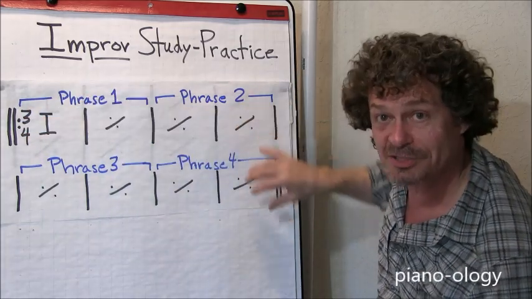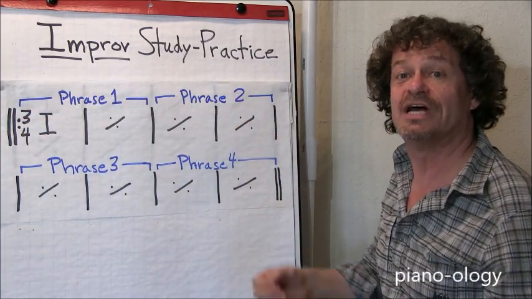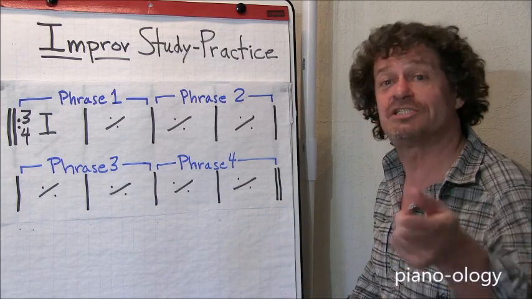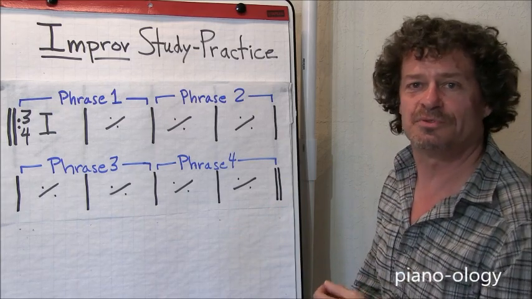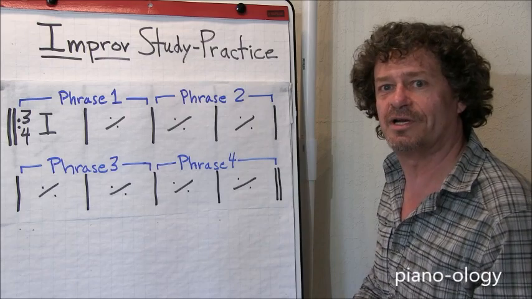So we can do the whole process all over again. So let's sit down at the piano and I'll give you a few examples of this phrase-wise thinking when it comes to improvisation.